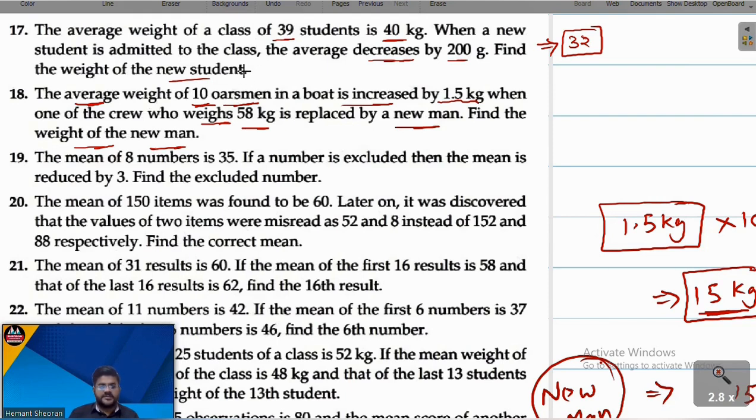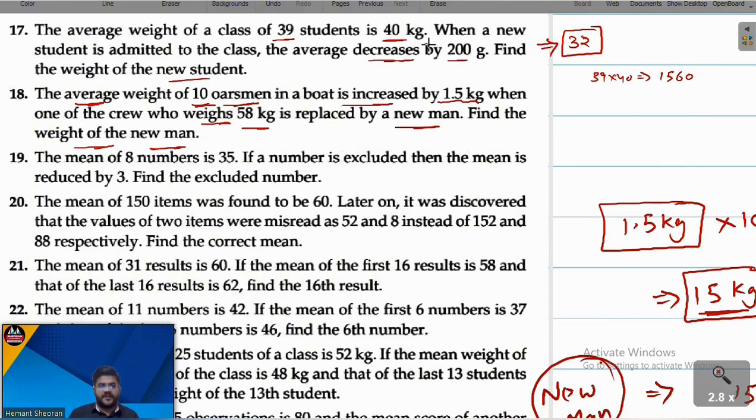Okay, let's go with the original way. So the original way is what? 39 times 40, you will find out the total weight first. What will be the total weight? 1560. Yes, 39 times 40 is the total weight that we get, and it is 1560. Oh, I think I know what I did wrong. I did 40 times 40.2.